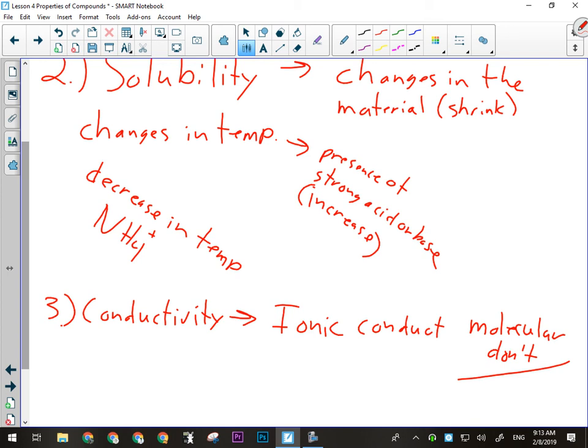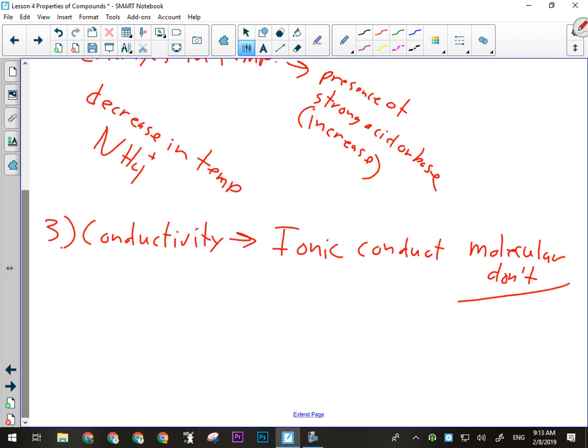It's probably the most important test that you would run. We will have little conductivity testers that you can put in the solution that'll tell you on a scale of 0 to 10 how conductive it is.